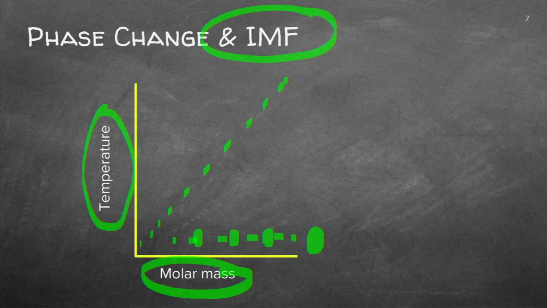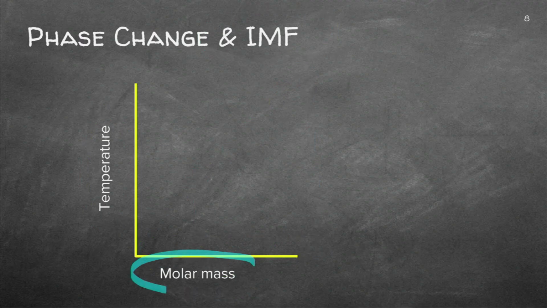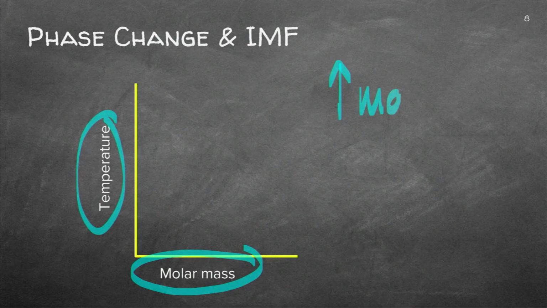It's a small molecule and a huge molecule there. These molecules will need much more energy to break than these ones here. So we can actually go and say, right, what is the change in molar mass and temperature? And our conclusion will be the greater the molar mass, the greater the intermolecular force.